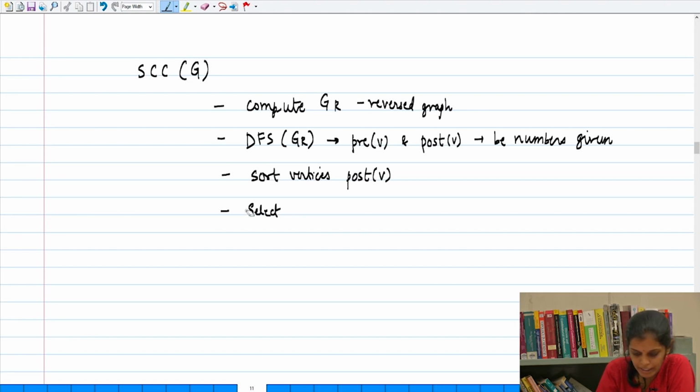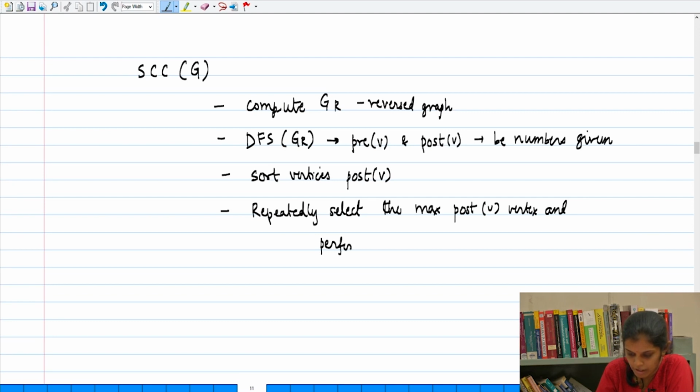I should write repeatedly select the max post visit number vertex and perform. Actually we now can simply perform the DFS on the directed graph G, but the pre-visit number is not important to us.